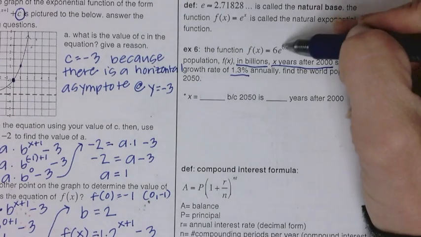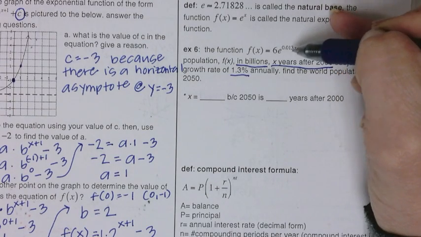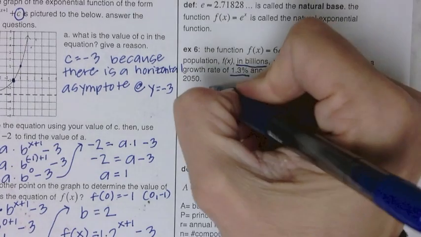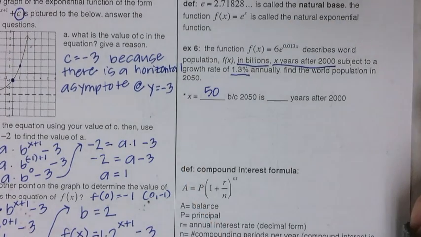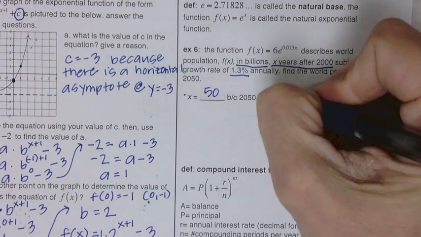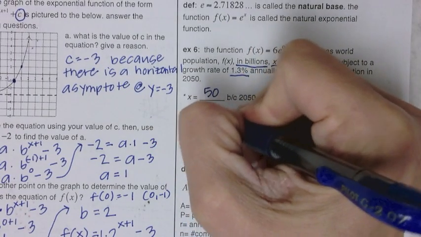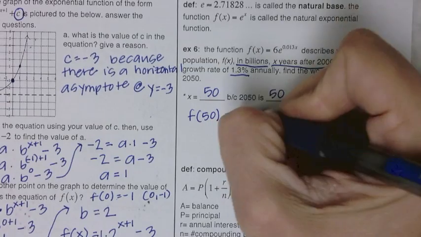So you see that growth rate represented in the equation. Find the world population in 2050. So x is actually going to represent 50 because 2050 is 50 years after 2000. All we have to do with this particular problem is plug in 50.